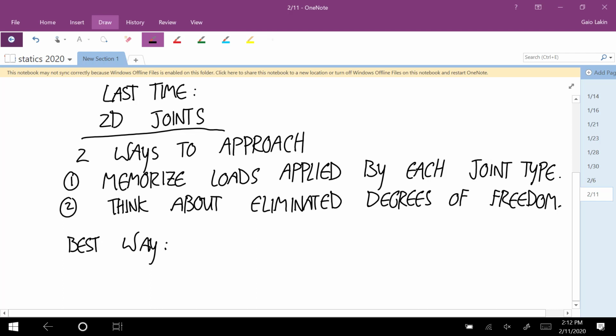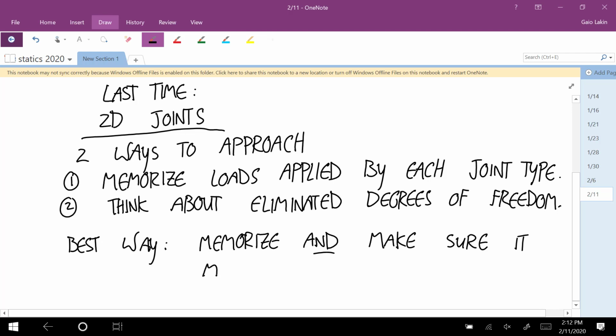Those are the 2D joints, the list of 2D joints from Thursday. So memorize it and make sure it makes sense.